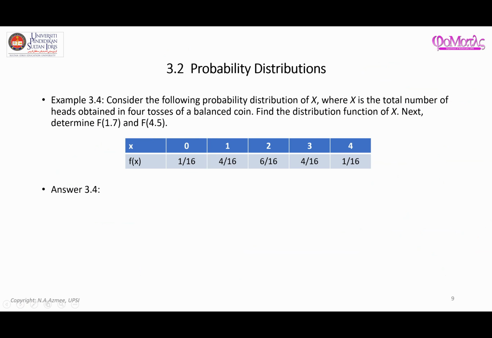Okay, we are going to look at this example here. Consider the following probability distribution of x, where x is the total number of heads obtained in 4 tosses of a balanced coin.